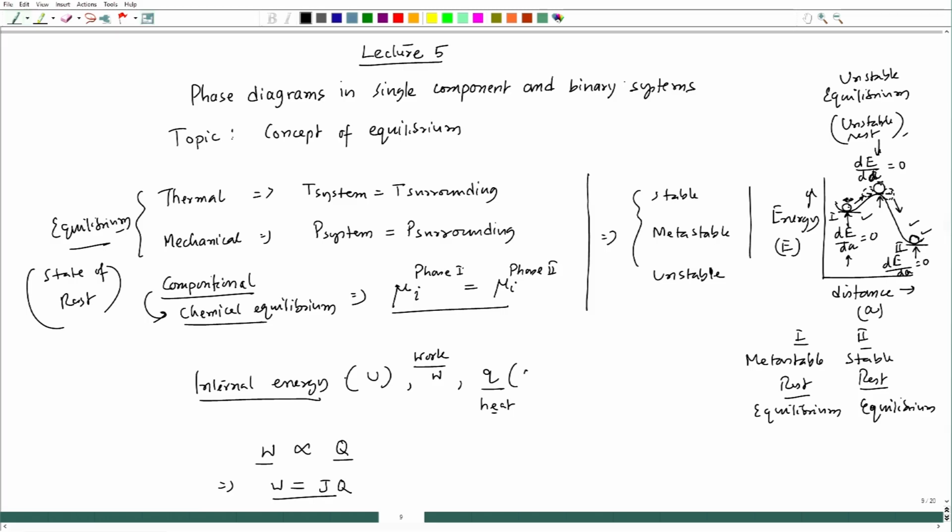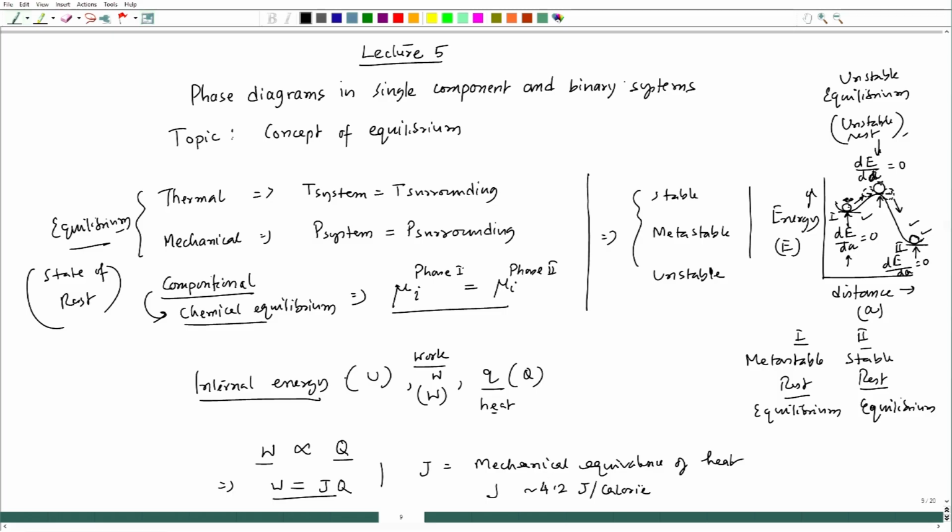Sometimes Q is written as capital Q, and W can also be capital W. We can exchange depending on our convenience. Here J is the mechanical equivalence of heat, and its value is around 4.2 joule per calorie.